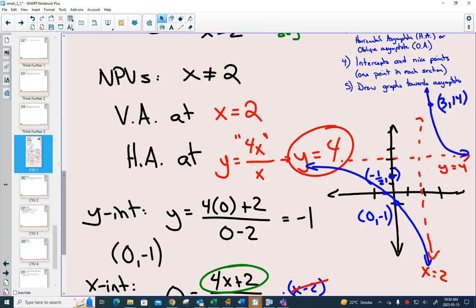That's the last step: just draw your graph towards your asymptotes. If you found all your x-intercepts, you have to be careful: there will not be any more x-intercepts once you've drawn your final graph.